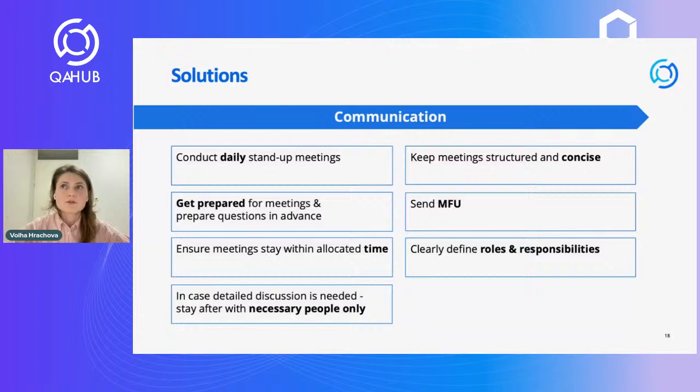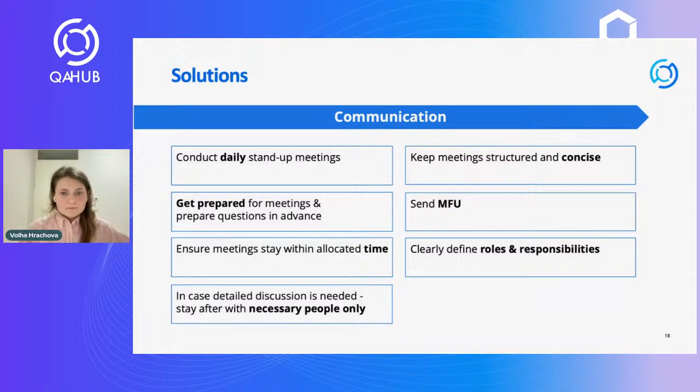I also encourage sending meeting follow-ups because it helps. First, it helps to avoid miscommunication. There might be discussions, but in the end, there would be some written notes, and people will be able to check whether the results of those meetings correspond to what was actually discussed, and it also helps other people who were not part of these meetings to briefly check what was agreed.